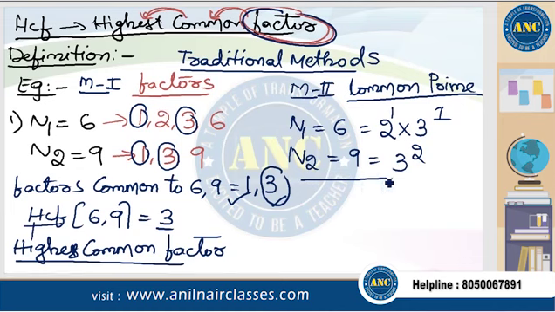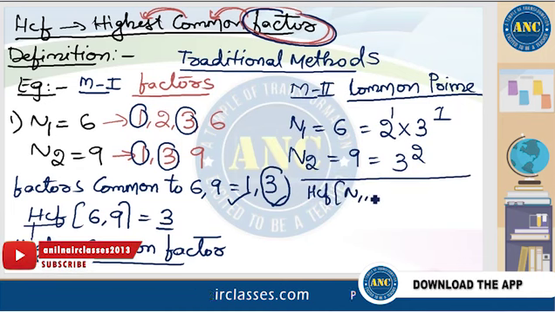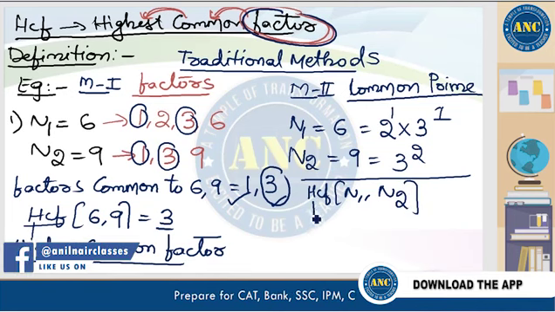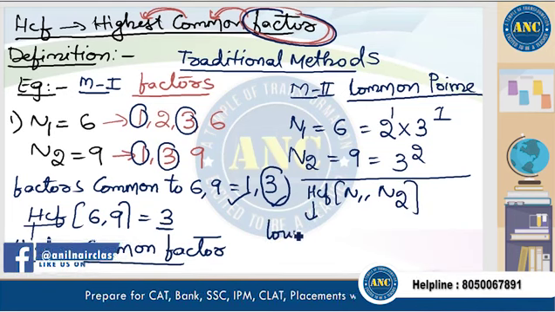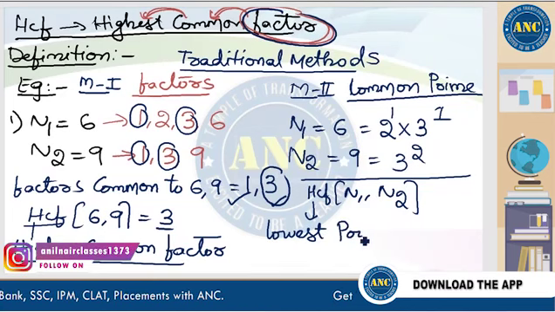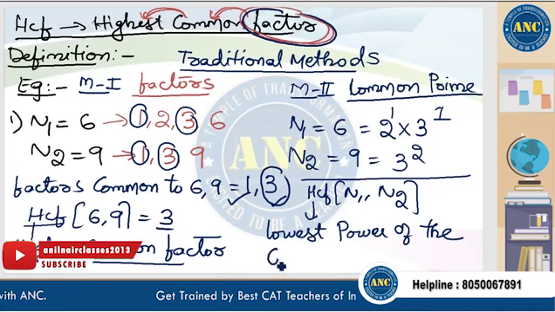HCF of n1, n2. If the given numbers are in prime bases, you have to take the lowest power of the given common prime basis.